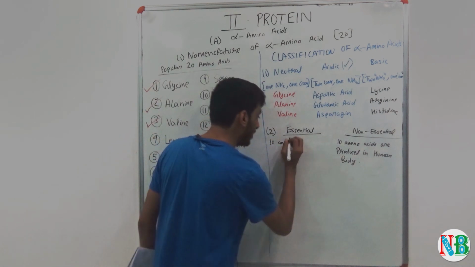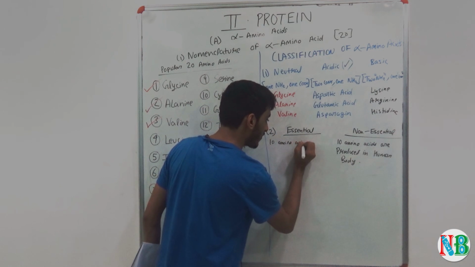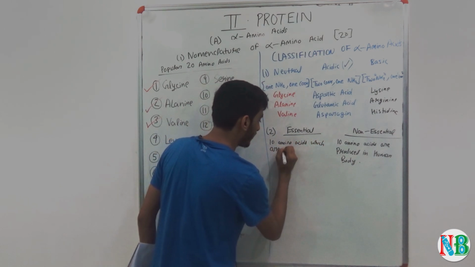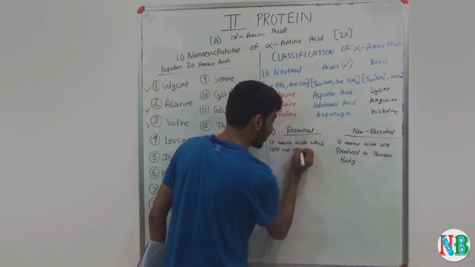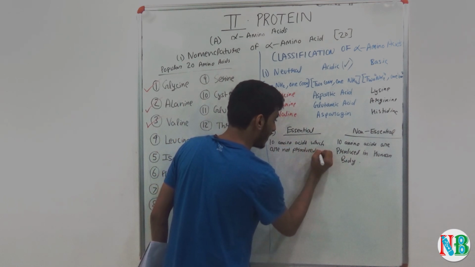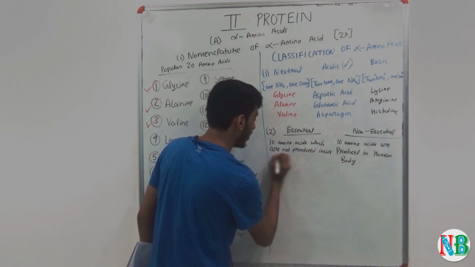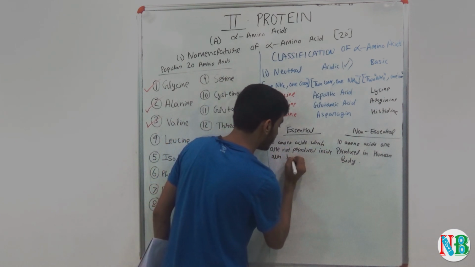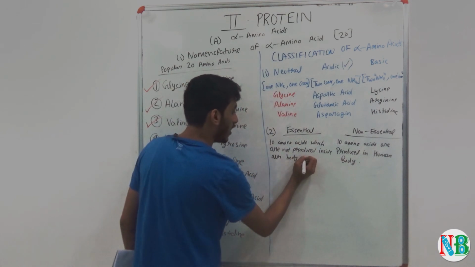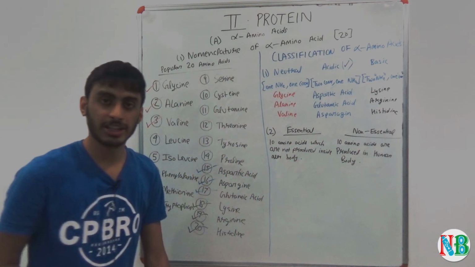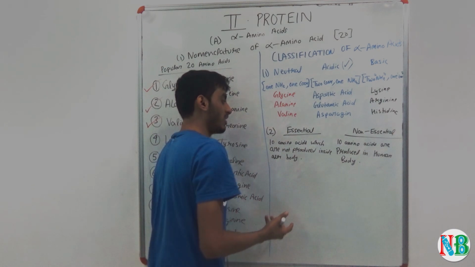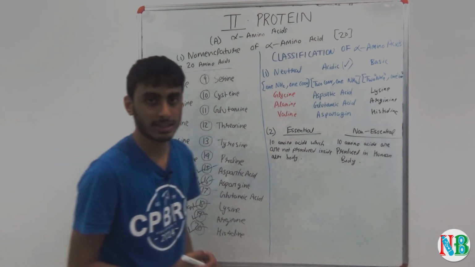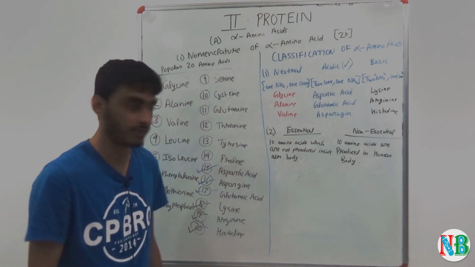And the other 10 amino acids are not produced inside our body. The amino acids which we are not able to synthesize on our own, we have to eat something for them, like milk or egg or fish.